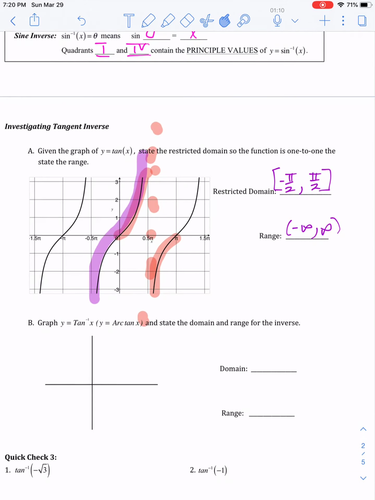Okay, so if we restrict the domain of the tangent function to be negative pi over 2 to positive pi over 2, which is like sine, now we have a one-to-one function. So we want to get rid of everything in red, just looking at the purple. So now when I graph the inverse function, it will function.